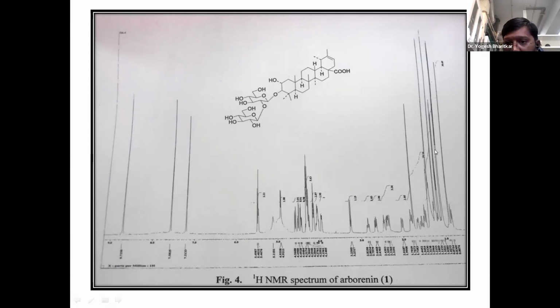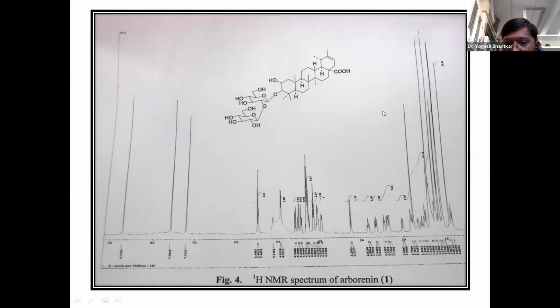In this molecule we get singlets and doublets. Here we get one doublet for this methyl group, this is a doublet, and the other is a singlet. We can count these singlets and doublets. This type of spectrum we mainly get for triterpene and triterpene saponin-like molecules. This is the sugar region, here is the anomeric region, and here is the double bond.